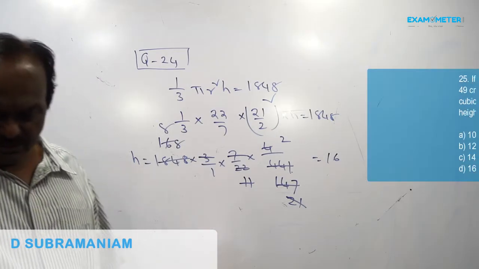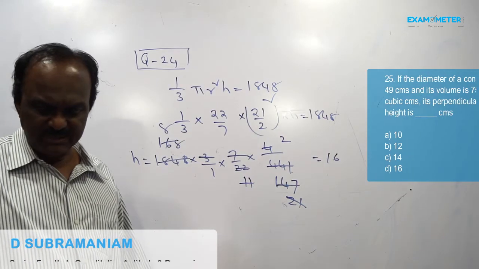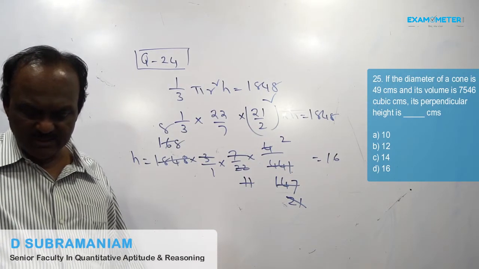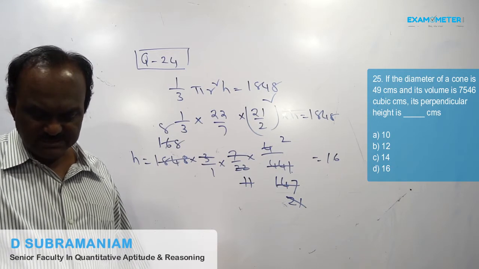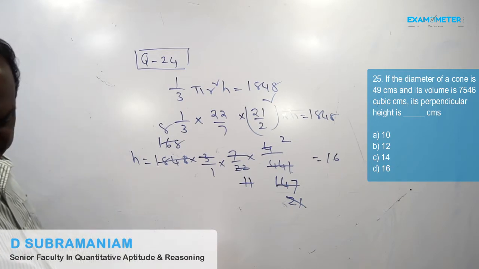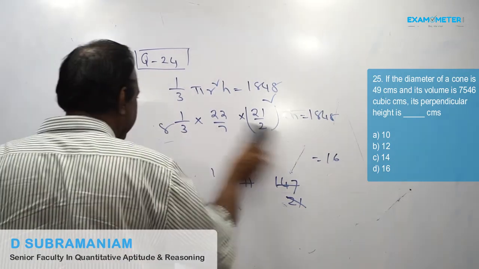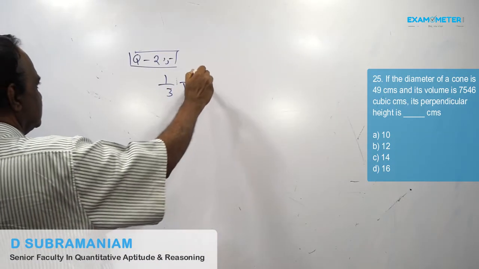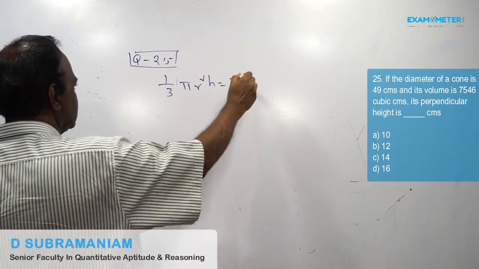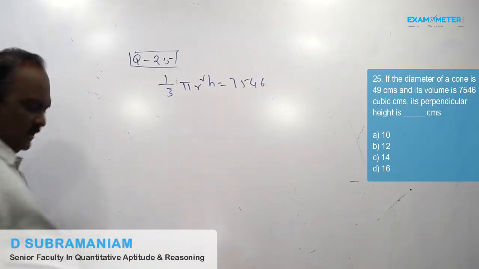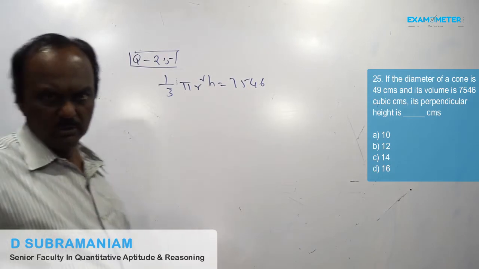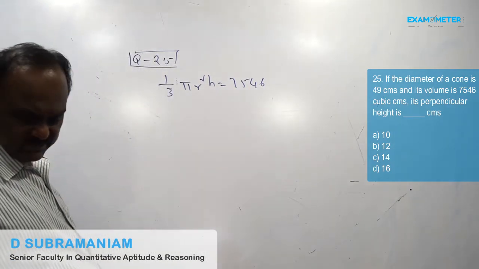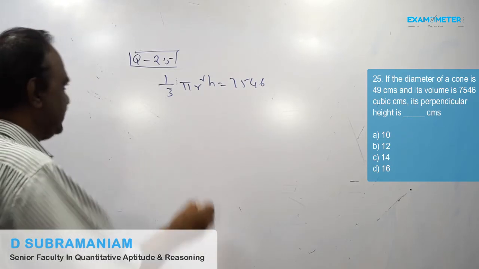If the diameter of a cone is 49 centimeters and its volume is 756 cubic centimeters, its perpendicular height is how many centimeters? Same pattern. Volume of a cone 1 by 3 pi r square h.